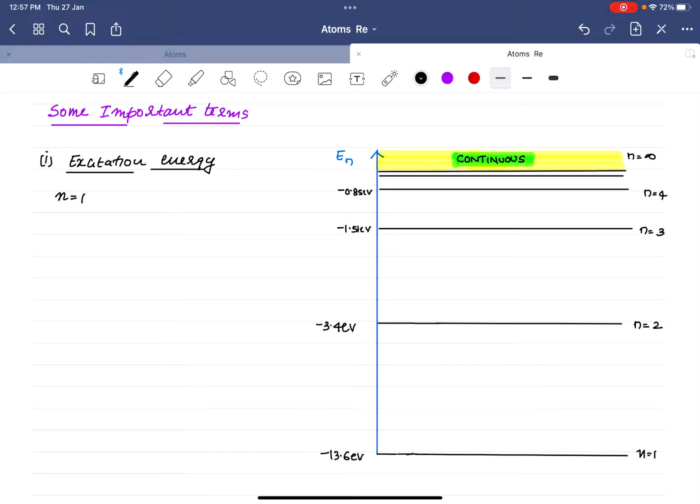And we call this state as ground state. If I'm observing the energy level diagram, n is equal to 1 state, which is marked here, is my ground state. Or otherwise I can call it as the unexcited state.